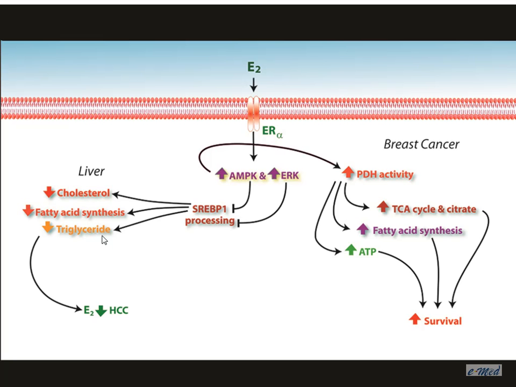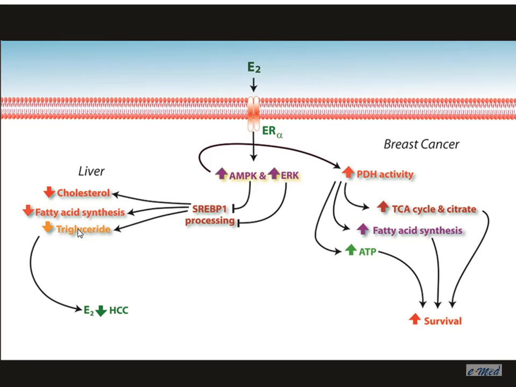Data is very good, both in humans and in animal models. And the ability of estrogen to suppress cholesterol, fatty acid, and triglyceride synthesis, which any tumor needs to make cell membranes and proliferate, is probably an important mechanism whereby estrogen contributes to the suppression of hepatocellular carcinoma.